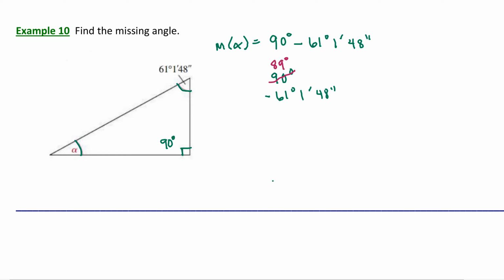And when I borrow 1 degree, I'm going to recognize that's equivalent to 60 minutes. I'm going to do that same concept again. I'm going to borrow 1 minute, leaving 59 minutes behind, and convert that into 60 seconds. Then we can subtract. 60 minus 48 gives us 12 seconds. 59 minus 1 gives us 58 minutes, and 89 minus 61 gives us 28 degrees. So 28 degrees, 58 minutes, and 12 seconds for the measure of angle alpha.